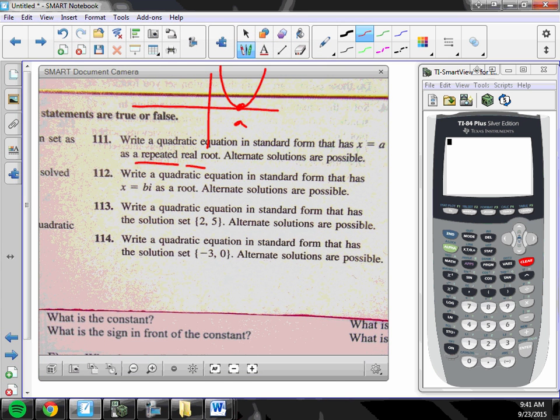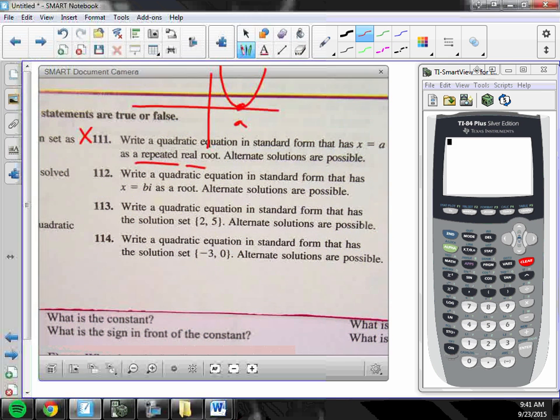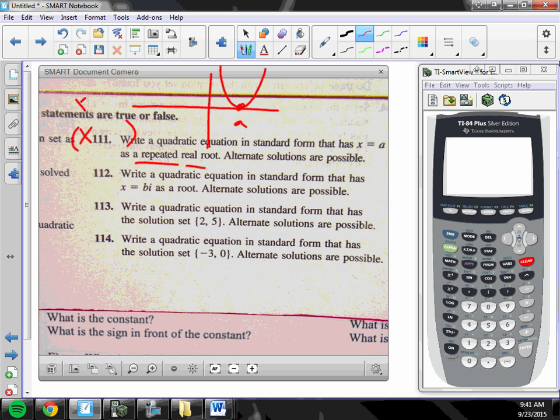So how would I create a... this is not a true or false question. Oh, I see. Okay, so this is not true or false. So how do you write a quadratic equation if a is the repeated real root? It's x, not plus a, because x equals a is the root.